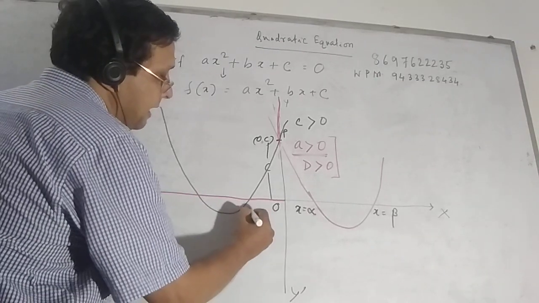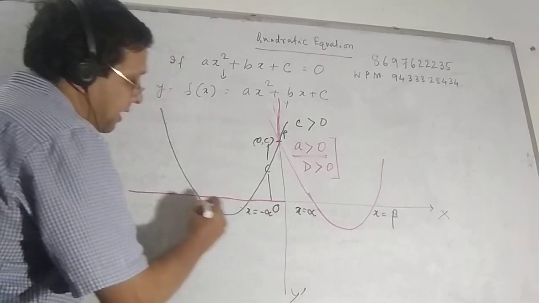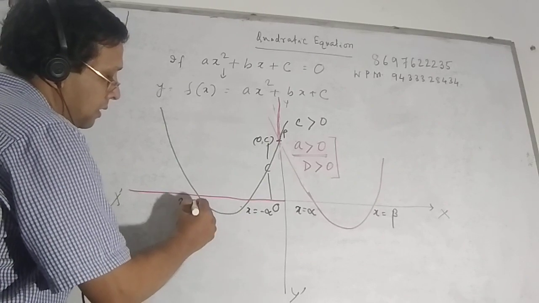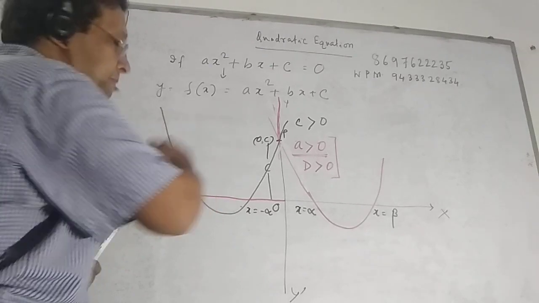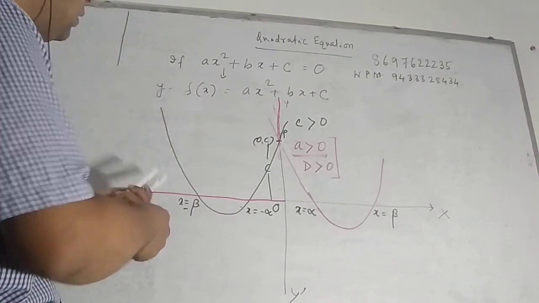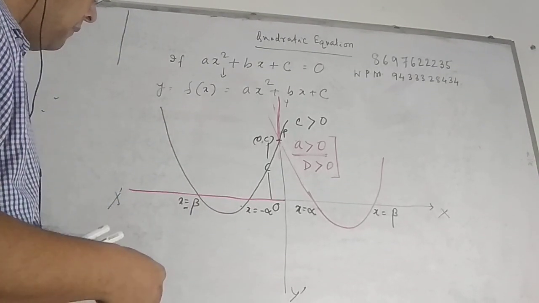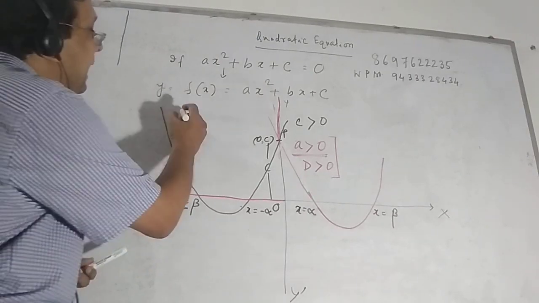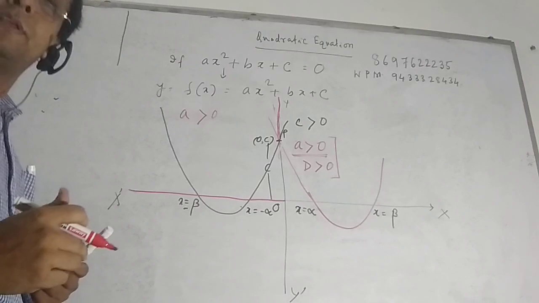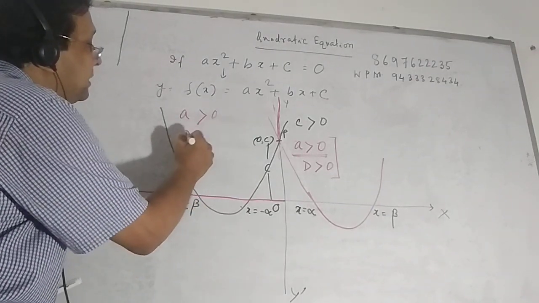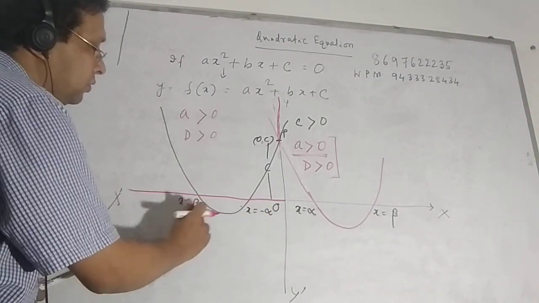If I assume x is equal to minus alpha and x is equal to minus beta, and the y-intercept is positive, naturally a is definitely positive, following the same conditions, D is also positive, and the roots are negative.